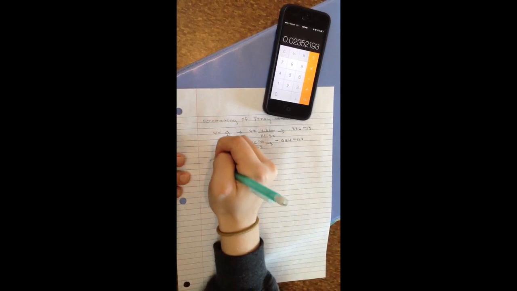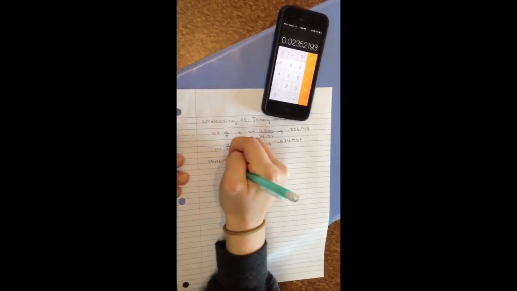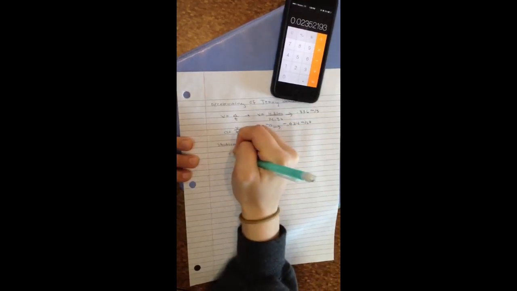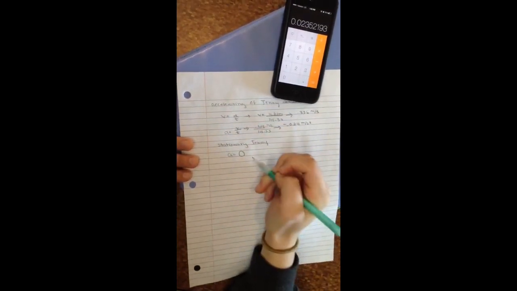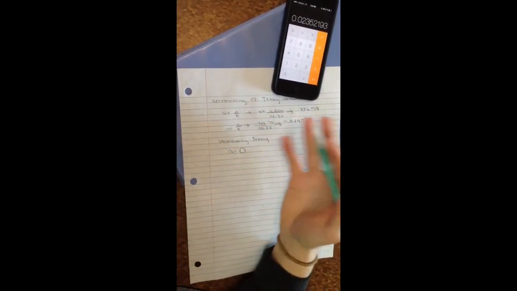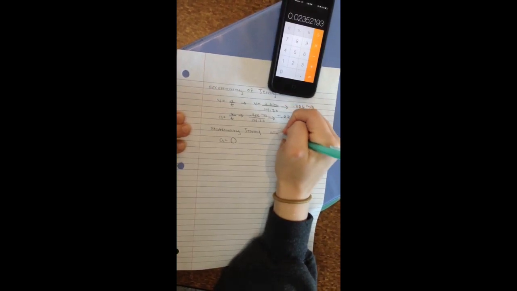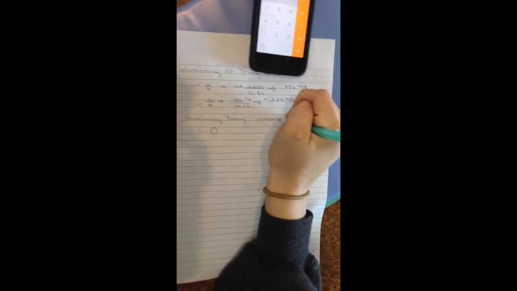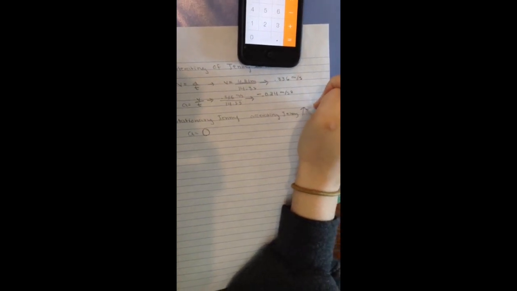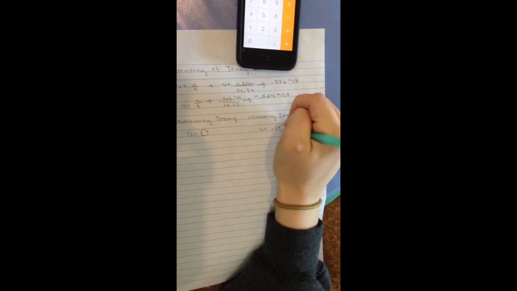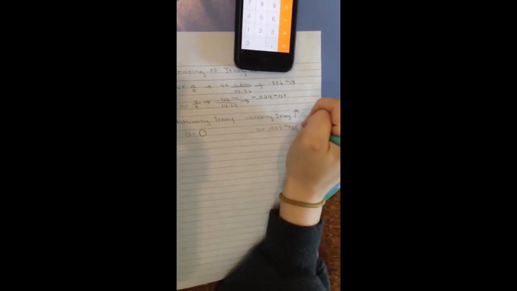So to recap, for stationary Jenny, the acceleration would be 0 because she wasn't moving at all, there's no distance or time displacement. For accelerating Jenny going upwards, the acceleration became 0.037 meters per second squared.